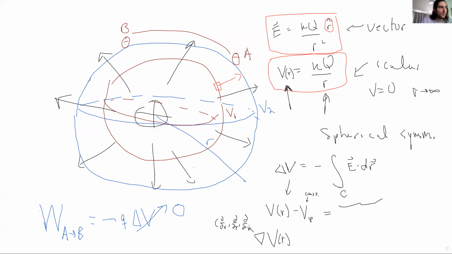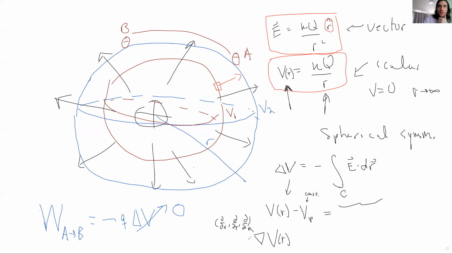Hopefully you've already seen partial derivatives; we kind of already used them in that curl example. Partial derivatives only act on the variable in the denominator, so partial with respect to x only acts on x, even if you have x, y, and z in your expression. There's a nice version of the del operator in spherical polar coordinates.